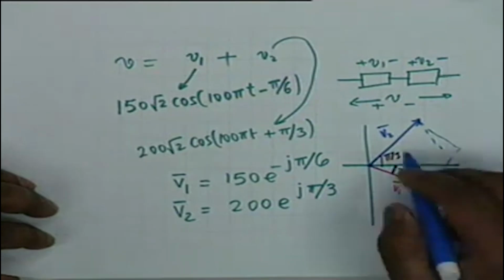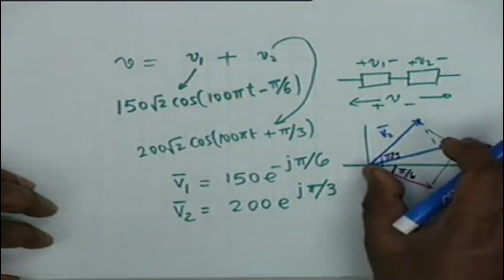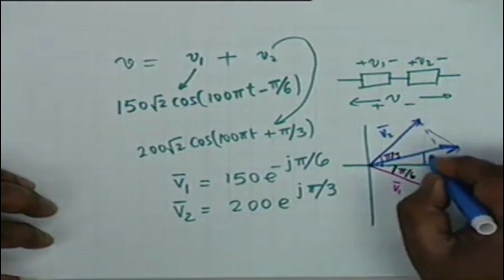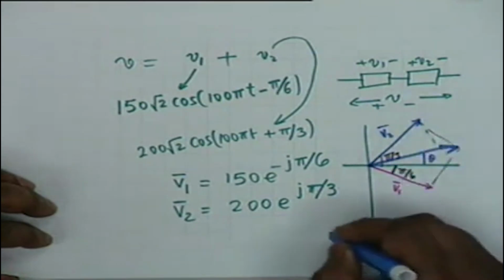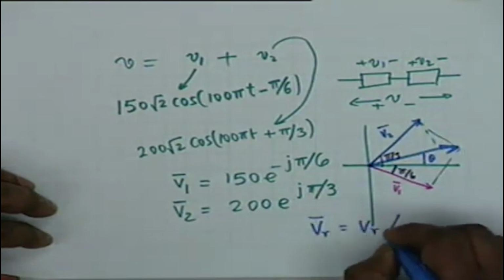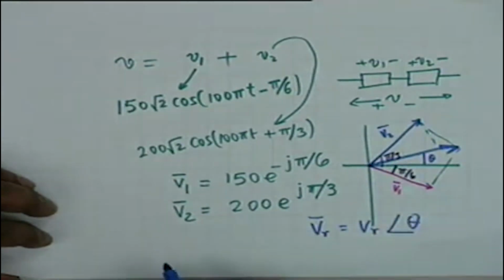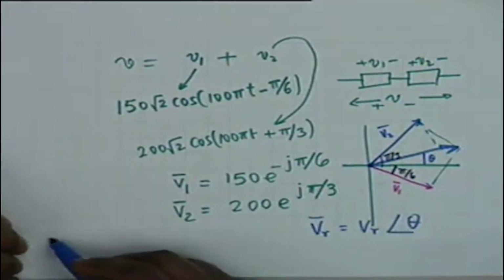You can do this, measure this and measure this angle theta, then you will be able to find out. Suppose the resultant is VR, which is VR angle theta. If it is so, then you know what is the resultant.